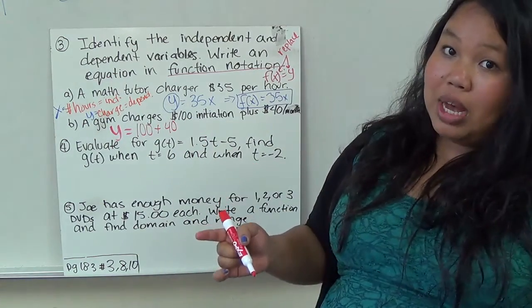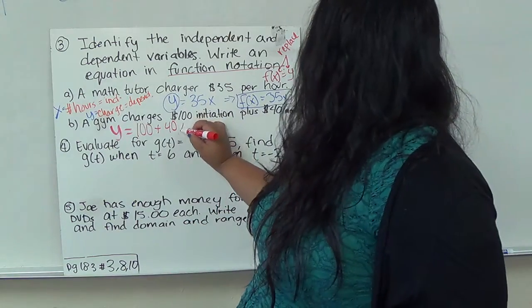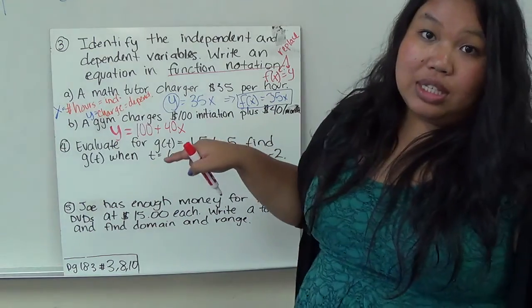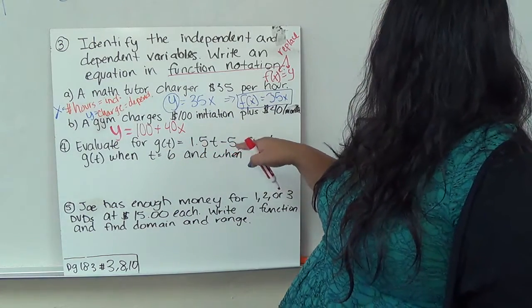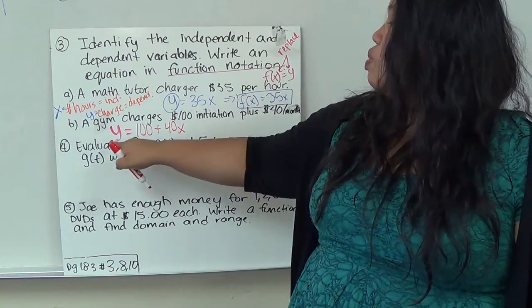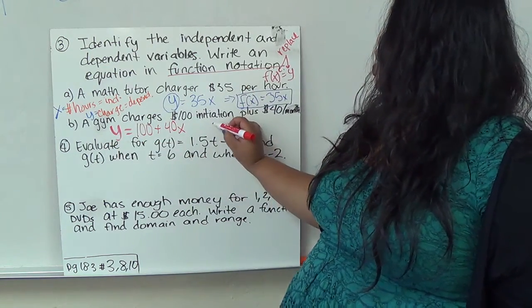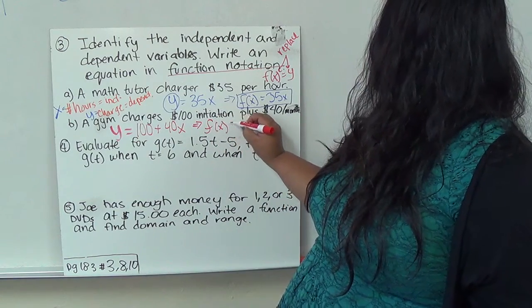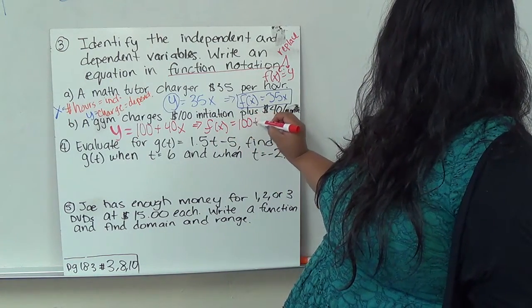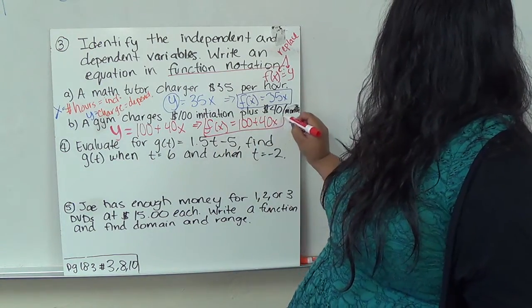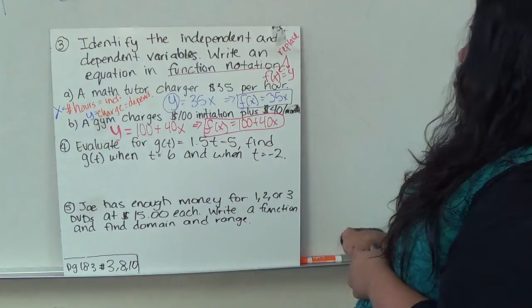Now I don't know how many months, but I know that my month is represented by x. To write this in function notation, the only thing I need to do is replace y with f of x. So it's going to look like f of x equals 100 plus 40x. And that's my equation.